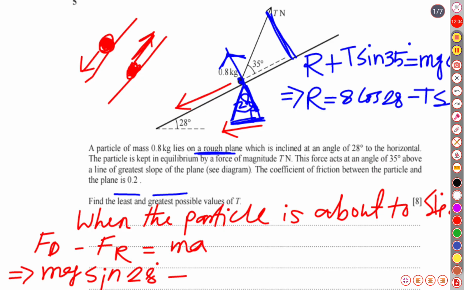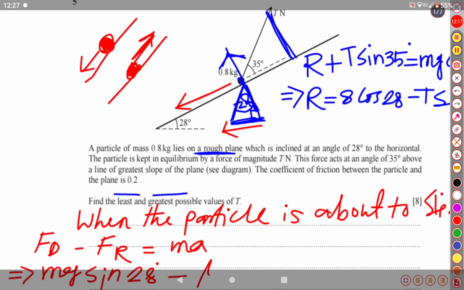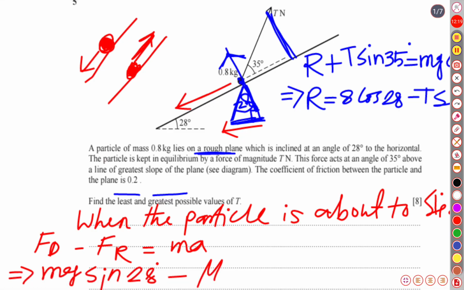And we have already explained that the rest of the forces are causing resistance to motion. So what are the rest of the forces? One is the normal reaction, because the surface is rough, so the friction is mu R. And the other resistance force is nothing but the tension, the external force.